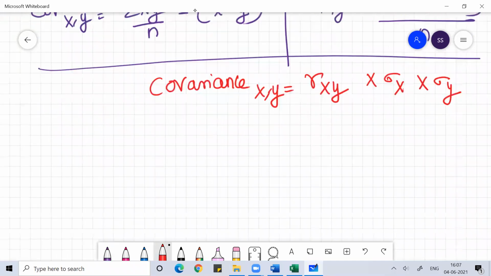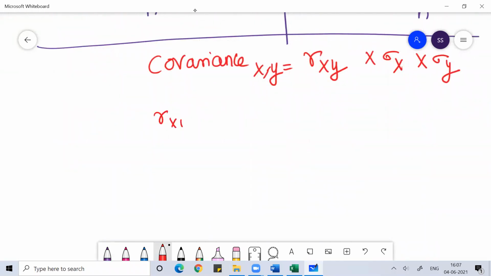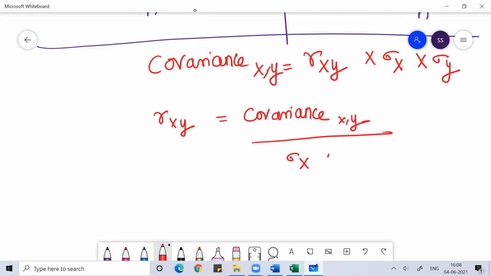So I can write r, the coefficient of correlation between the two variables, is equal to covariance between x and y divided by standard deviation of x into standard deviation of y.